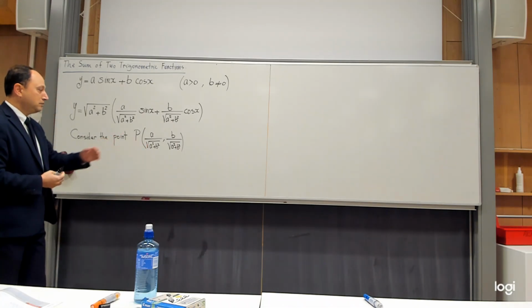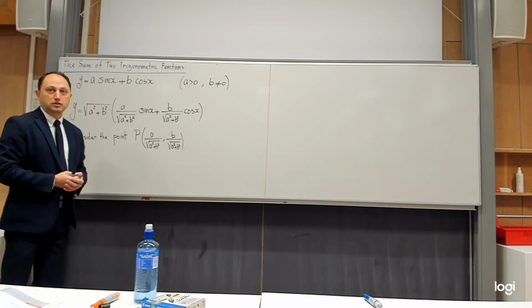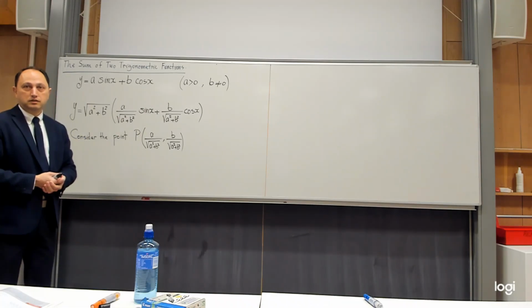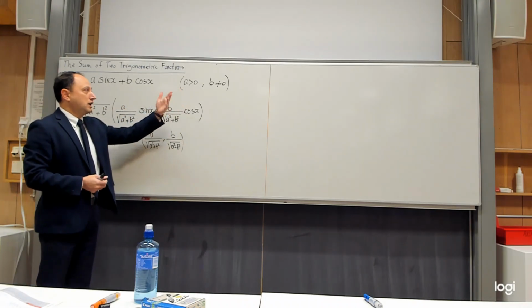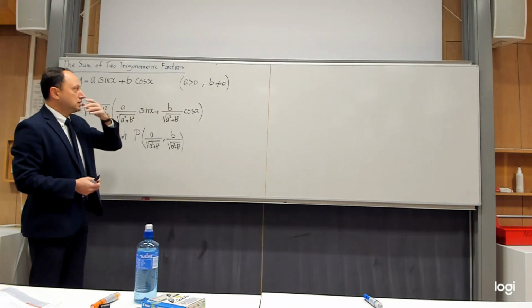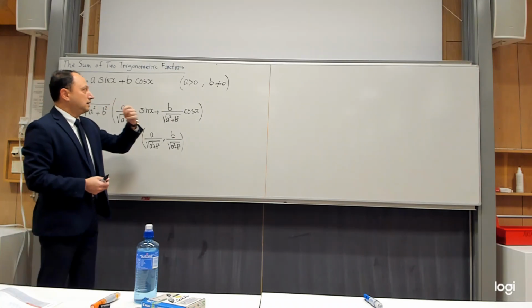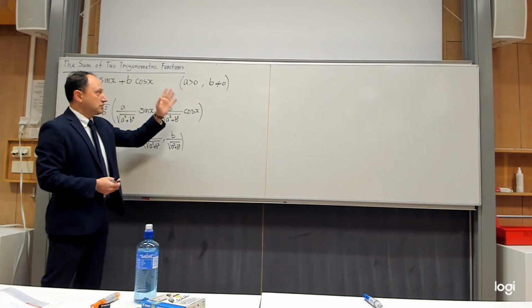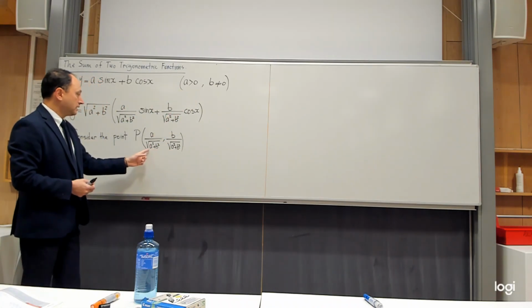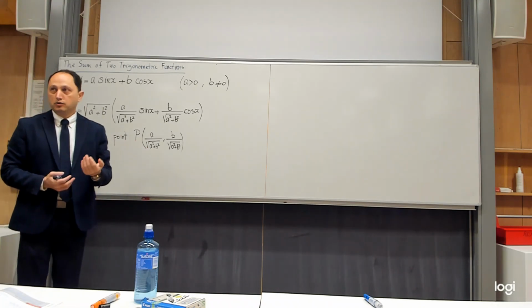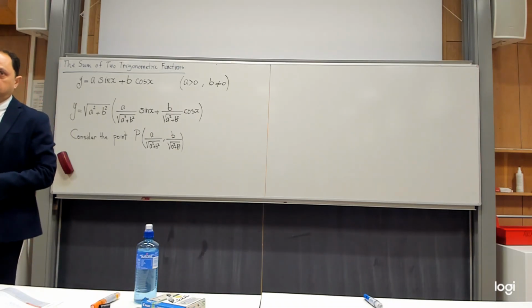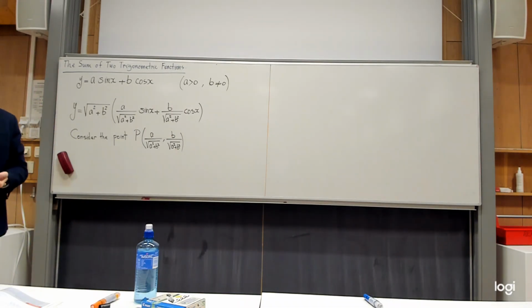But my claim is that this point is always on the unit circle. So I don't know anything about a and b. I know that a is a positive number, b is a non-zero number. I am telling you that whatever these numbers are, this point is a point on the unit circle. And my question is why? Why does this point lie on the unit circle, on the unit trigonometric circle?